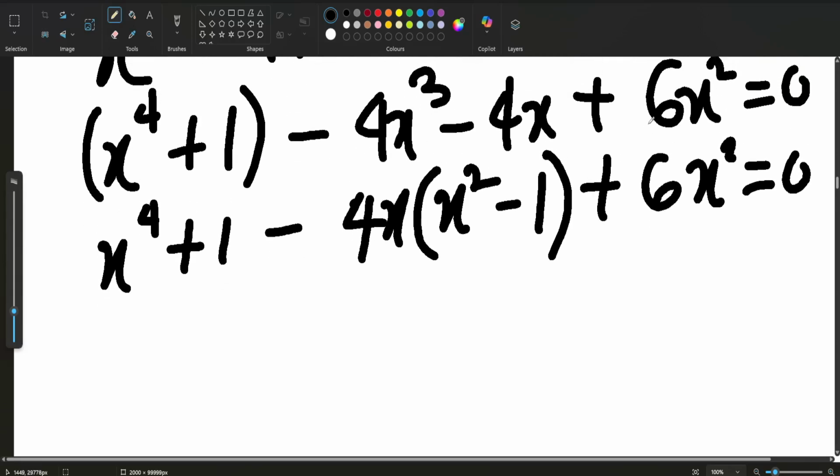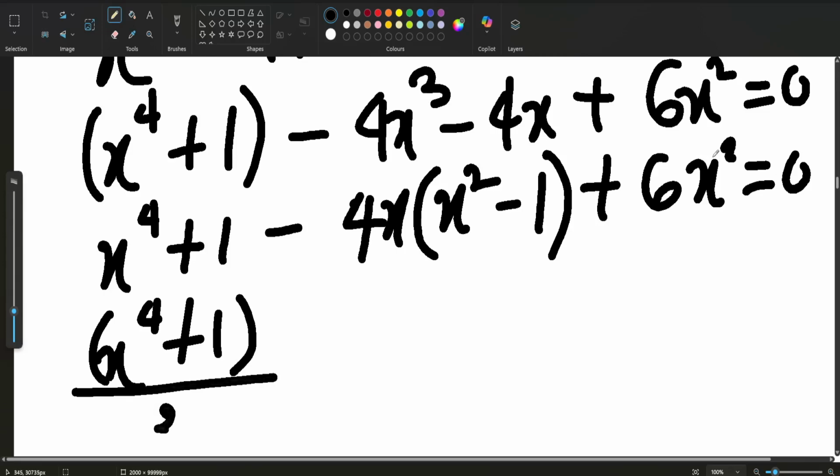we will now divide everything here by x squared. So it's going to be x raised to power 4 plus 1 divided by x squared.